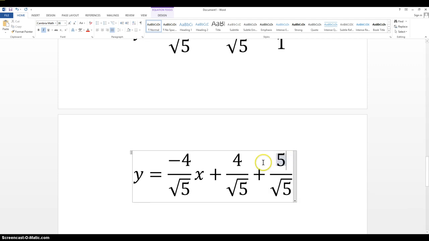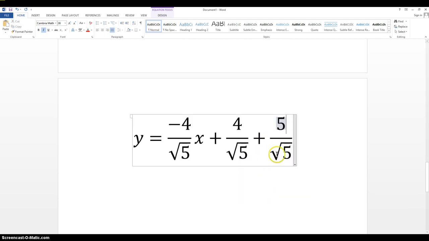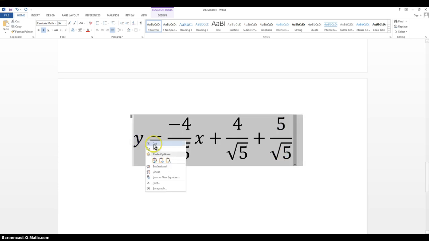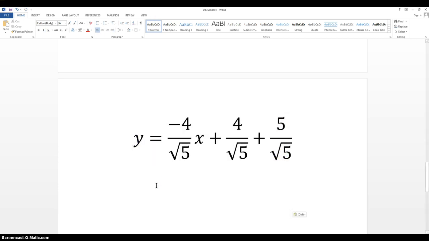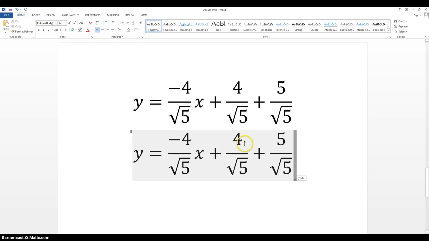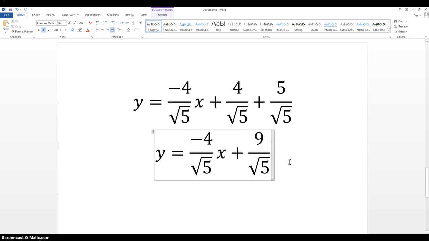So that is equivalent. Now because they have common denominators, what I can do is I can combine them. So these two will now become 4 plus 5, which is 9. Keep my denominator. And that is my tangent line equation. Y equals negative 4 over square root of 5 x plus 9 over square root of 5.